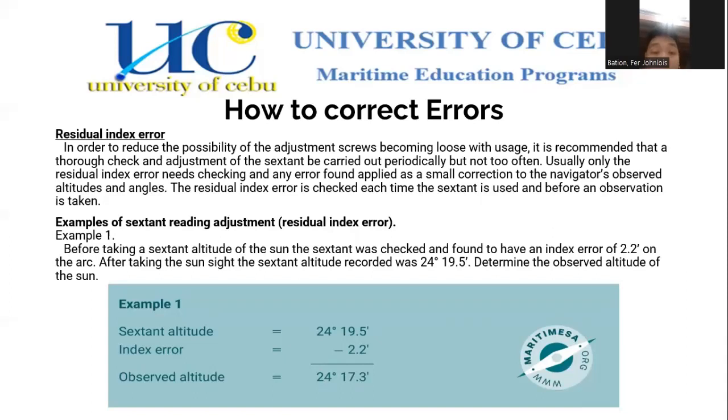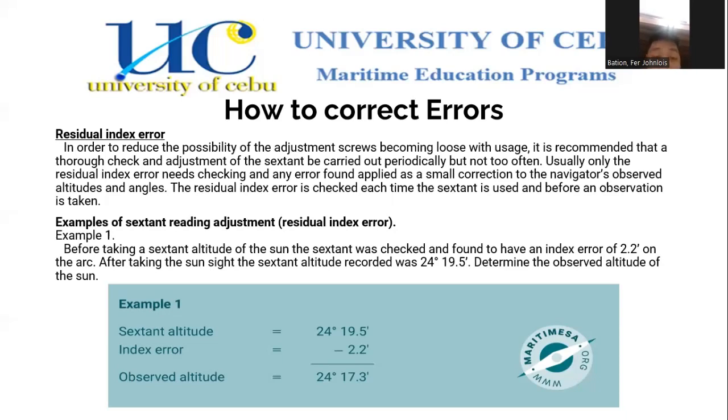Usually, only the residual index error needs checking, and any error found applied as a small correction to the navigator's observed altitudes and angles. The residual index error is checked each time the sextant is used and before an observation is taken. So, examples of sextant reading adjustments for residual index error.